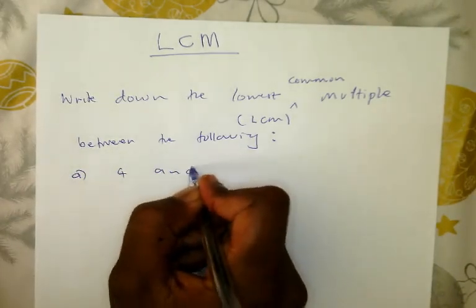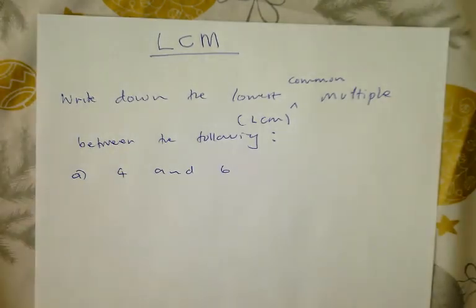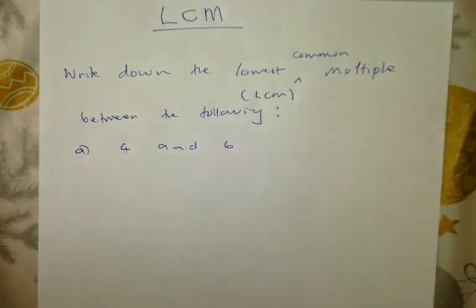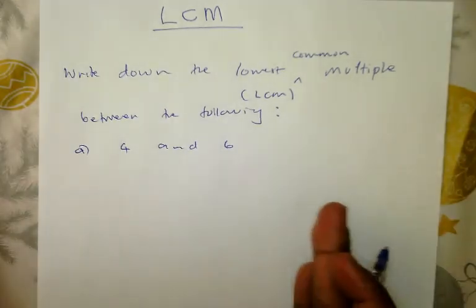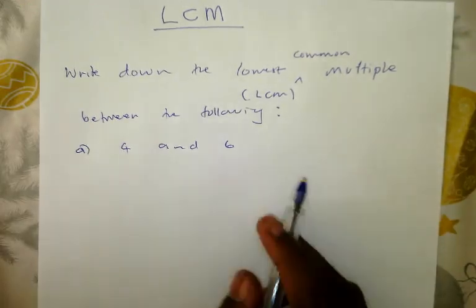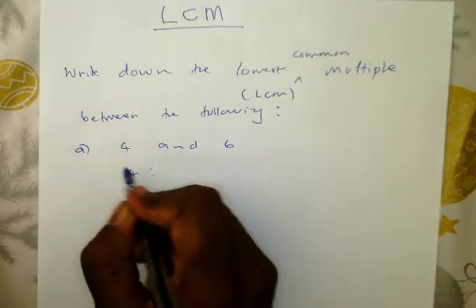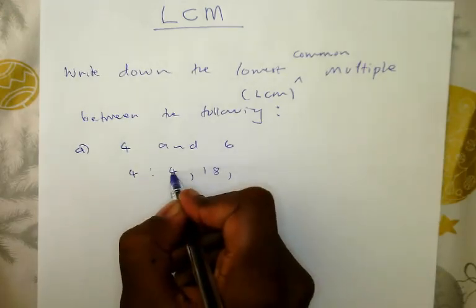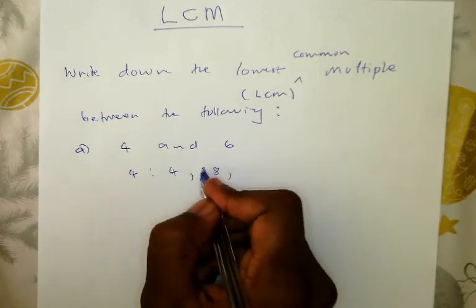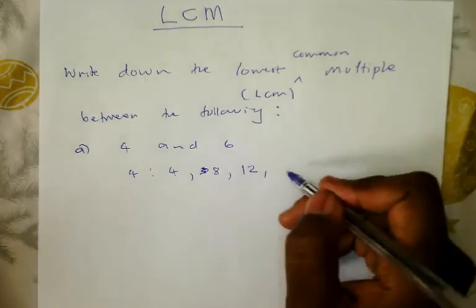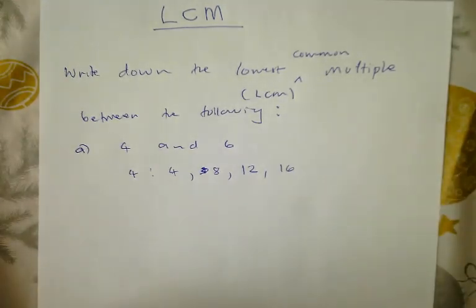So what you do, you can either do it the prime factorization way, or you can do it the long way, of which you need to find all the multiples, or count the multiples until you reach the first common multiple between the numbers. So what are the multiples of 4? It's 4, 8, 12, 16, 20.